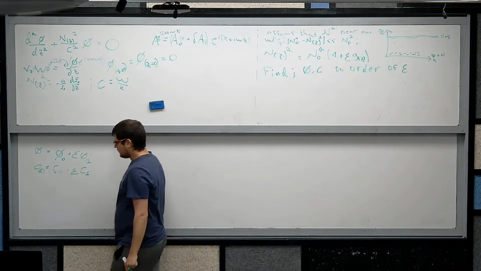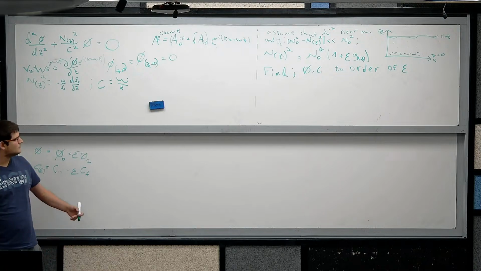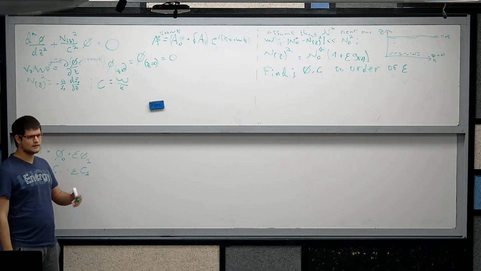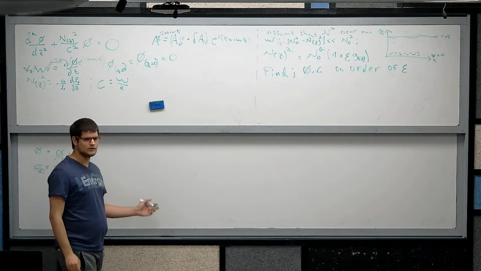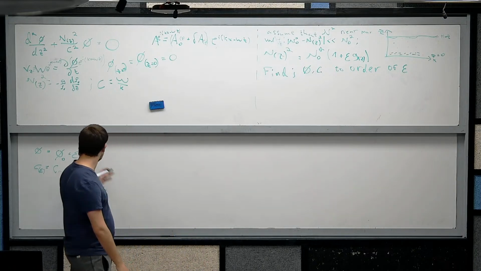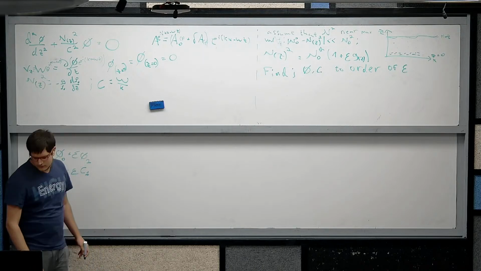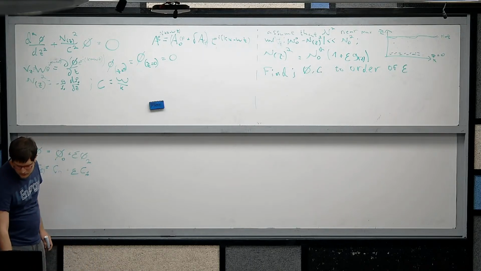So after we wrote everything, just neglect everything of order epsilon squared. Easy as that: plug everything in and neglect all the terms of order epsilon squared.